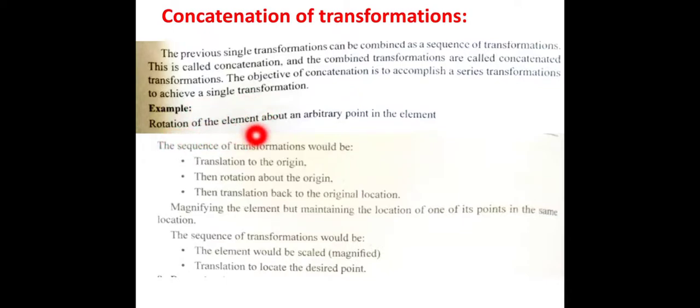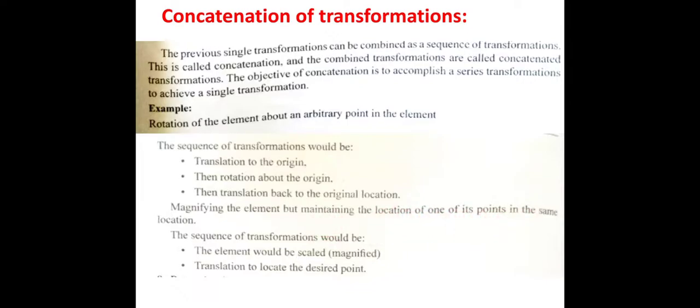Example, rotation of the element about an arbitrary point in the element. The sequence of transformation would be translation to the origin, that is the point has to be translated to the origin first, then rotation about the origin, then translation back to the original location. Okay. So all these three are performed as a single transformation.